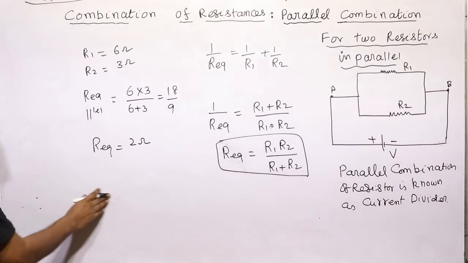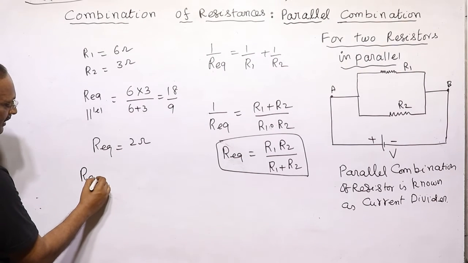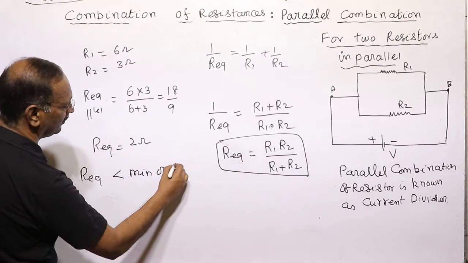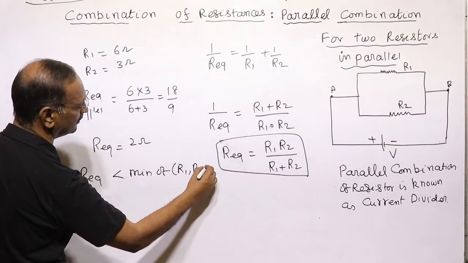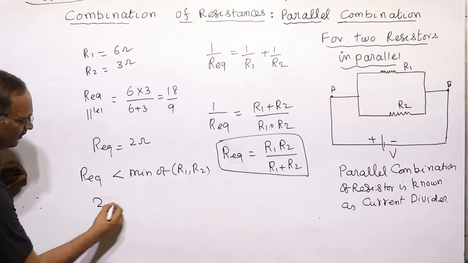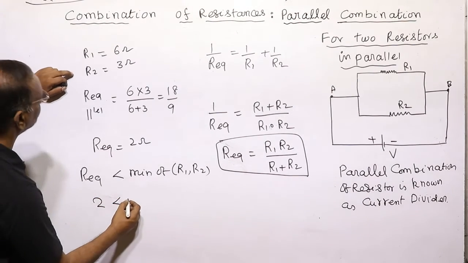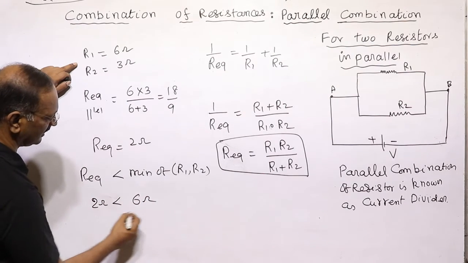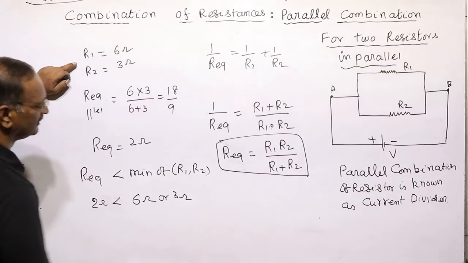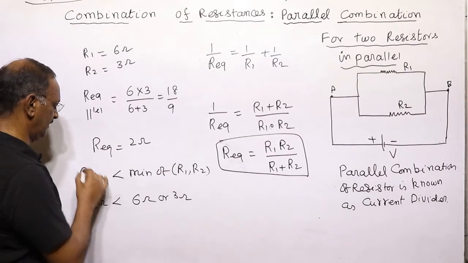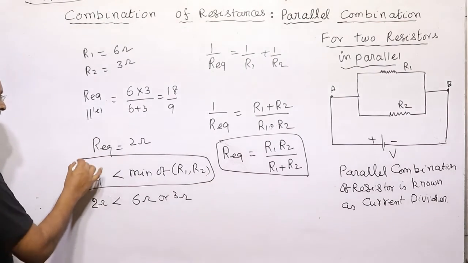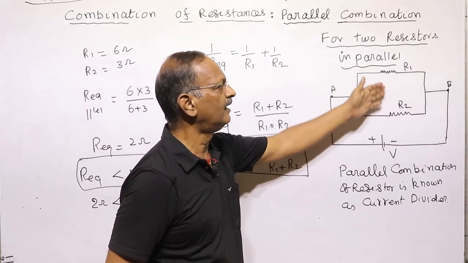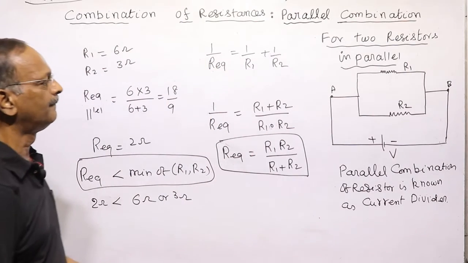In parallel we can note that R equivalent is less than the minimum of R1, R2. That is, R equivalent is 2 ohm, which is less than R1 equal to 6 ohm and R2 equal to 3 ohm. This is applicable for any number of resistances: the equivalent resistance of a parallel combination will be less than the available resistances connected in parallel.